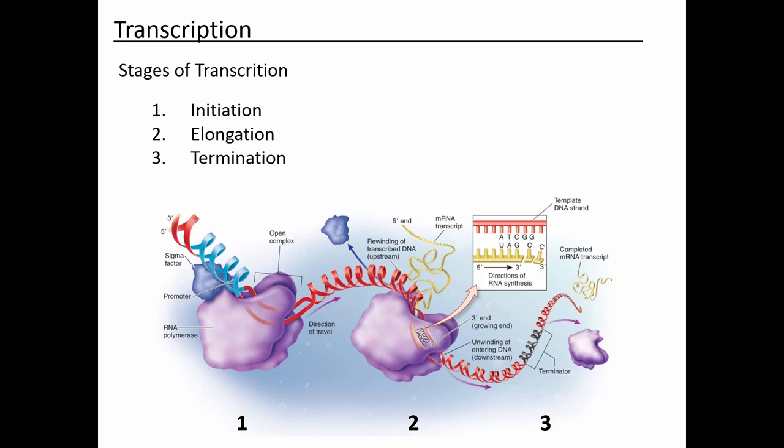stage. Okay, and then the next stage is the elongation stage. And so during the elongation stage, RNA polymerase reads the template DNA strand in the 3' to 5' direction.